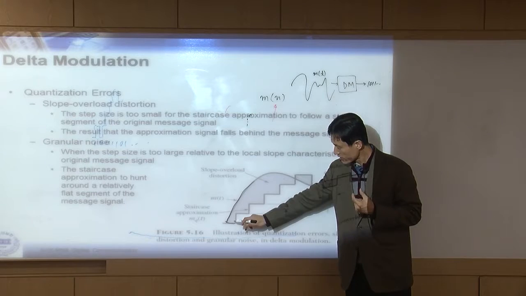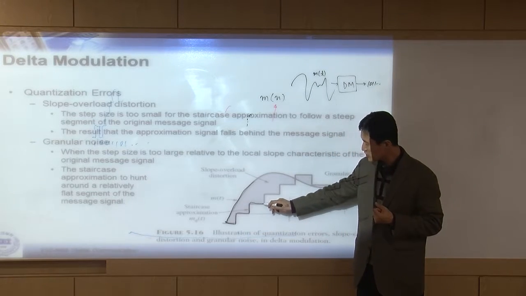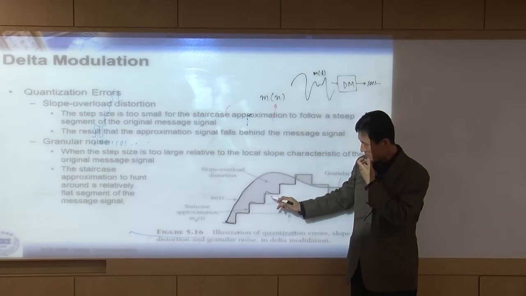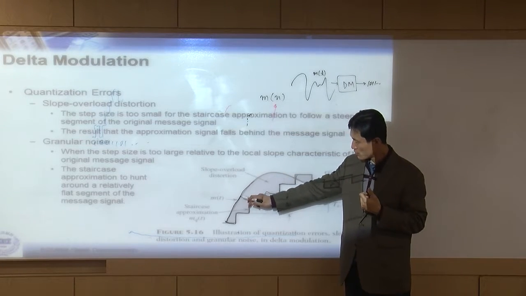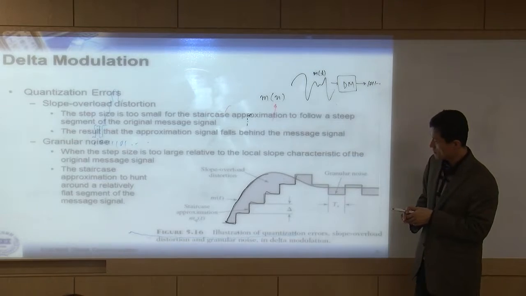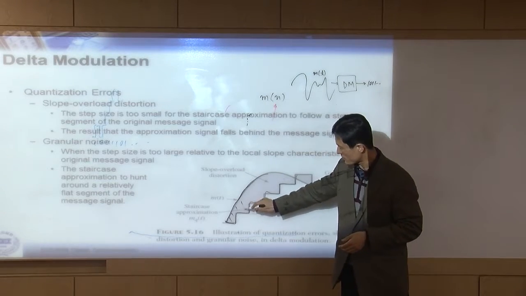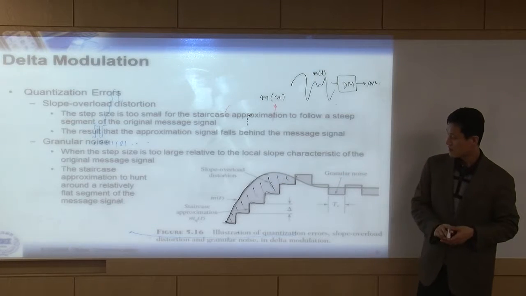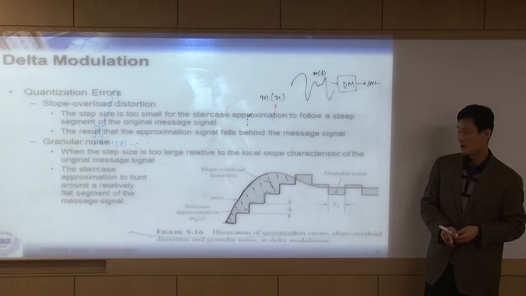So the delta modulator is trying to catch up, but this is as fast as it can go, right? But the input signal is going up too quickly, so we have this much error. This shaded gray region is the error.